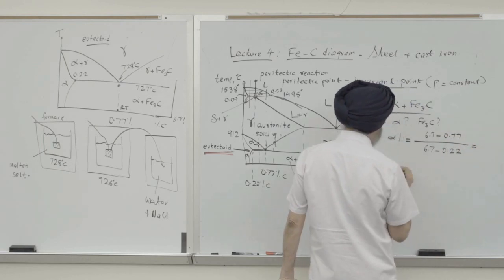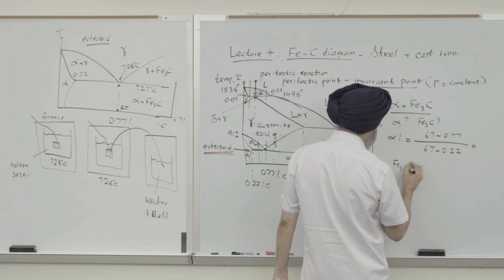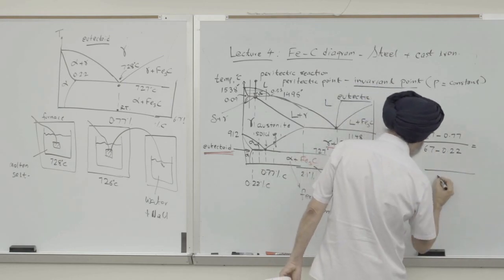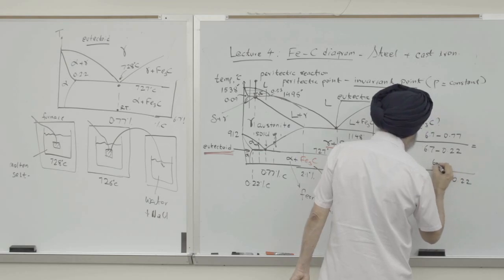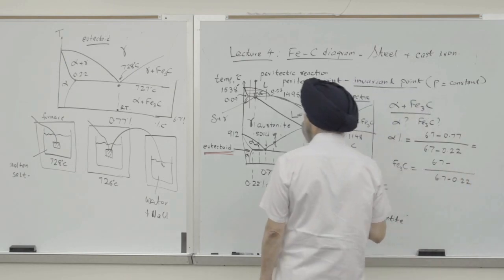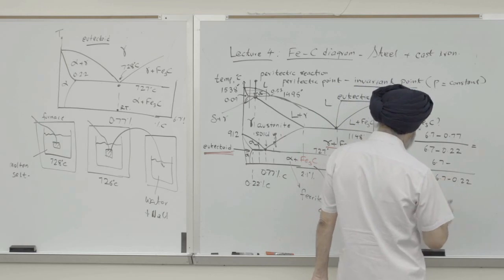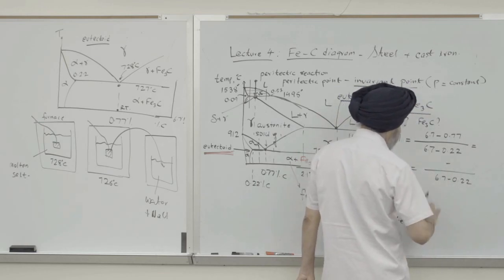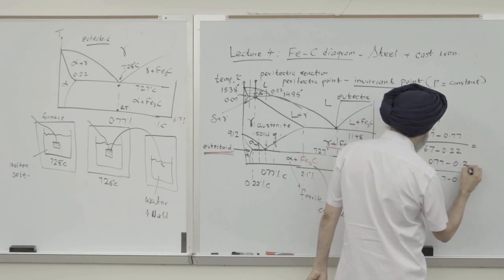So that's how much alpha you have. And Fe3C, so this is the lever rule, will be 6.7 minus 0.22 over 6.7 minus 0.77 minus 0.22. Yeah, 0.77 minus 0.22.